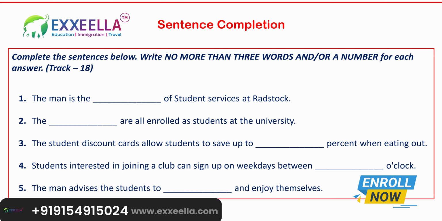Our office is also the place you should visit if you would like to get involved in any of the 30 different clubs and societies available at Radstock. Come in any time between 10 and 3 on weekdays, and sign up to become a member of the university choir or orchestra, the drama or debating club, the university trivia team. The list goes on and on.